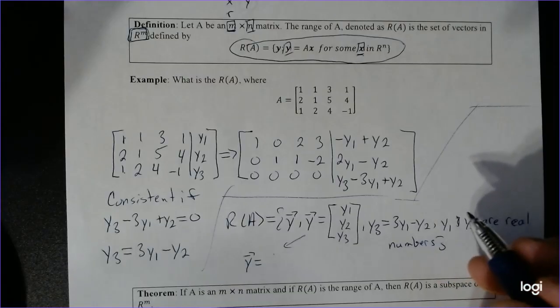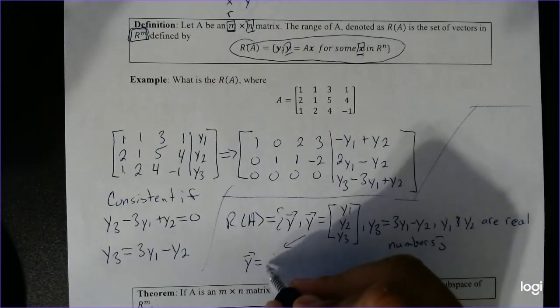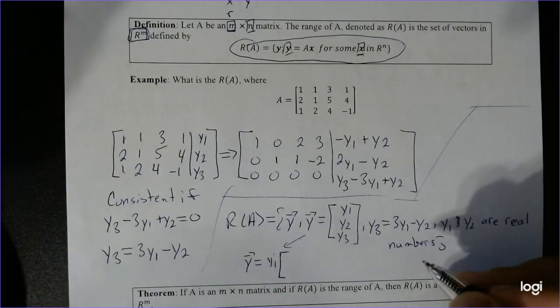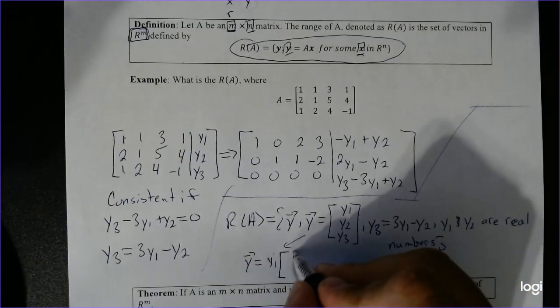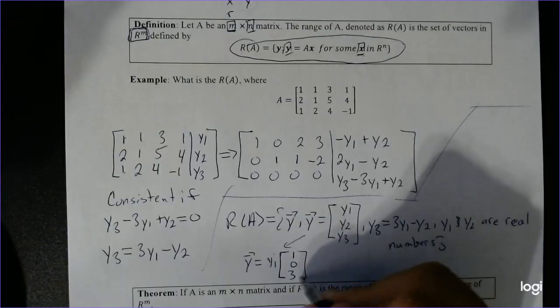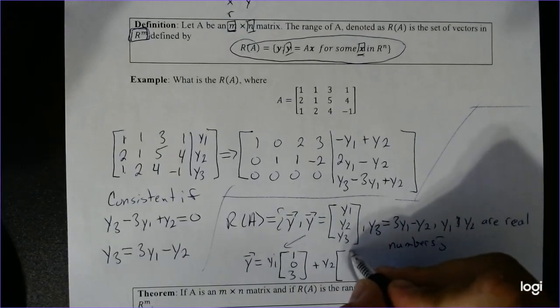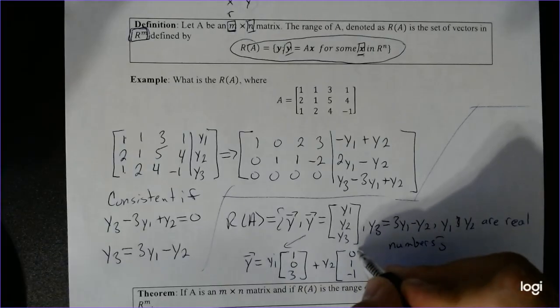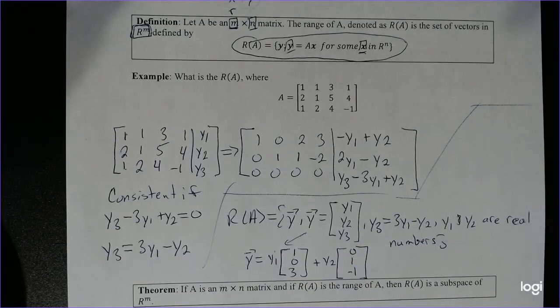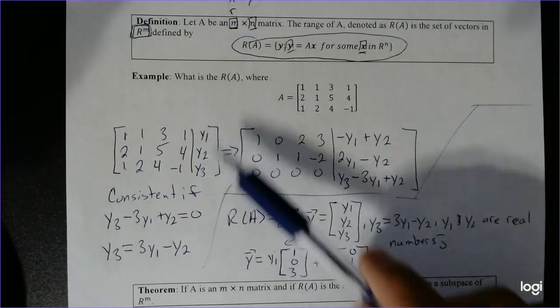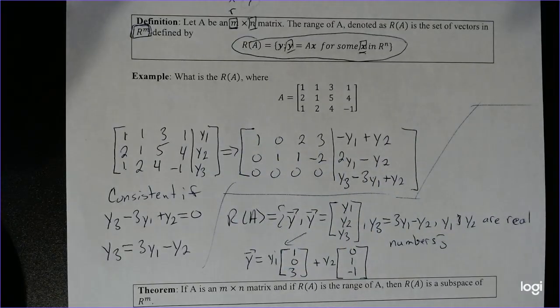So y1, 0, and 3, and y2. There we go. So very similar to the kernel or the null space of A. The only difference is instead of these equal to 0, we set it equal to its components, and we solve what the condition will have to be.